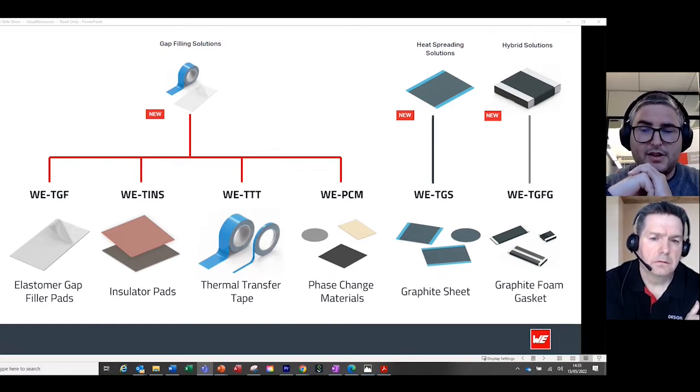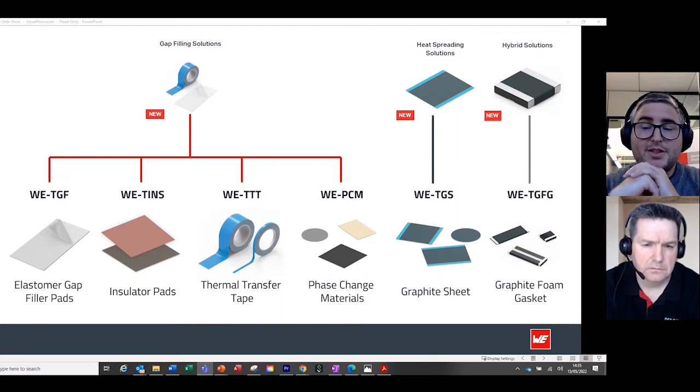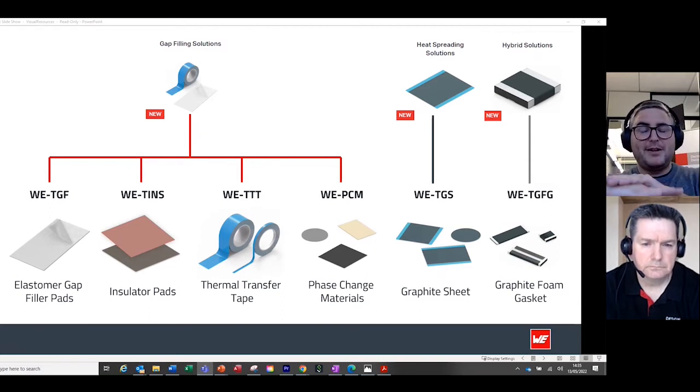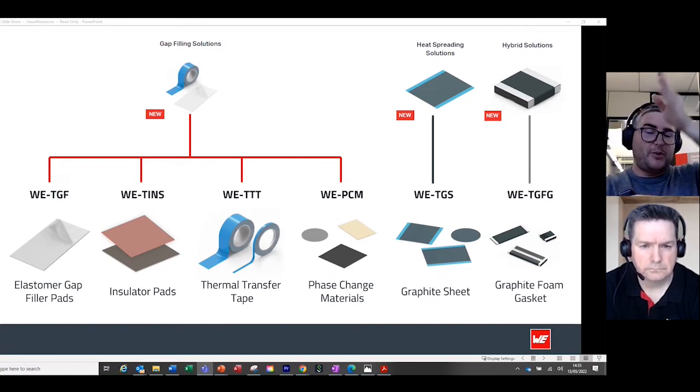So the interesting bit about the graphite foam gaskets is that, coming back to what we mentioned earlier, when the final device is assembled, you might see that the PCB component you want to cool doesn't have a completely flat surface. It has a weird angle or a railing or something, and you cannot interface it.